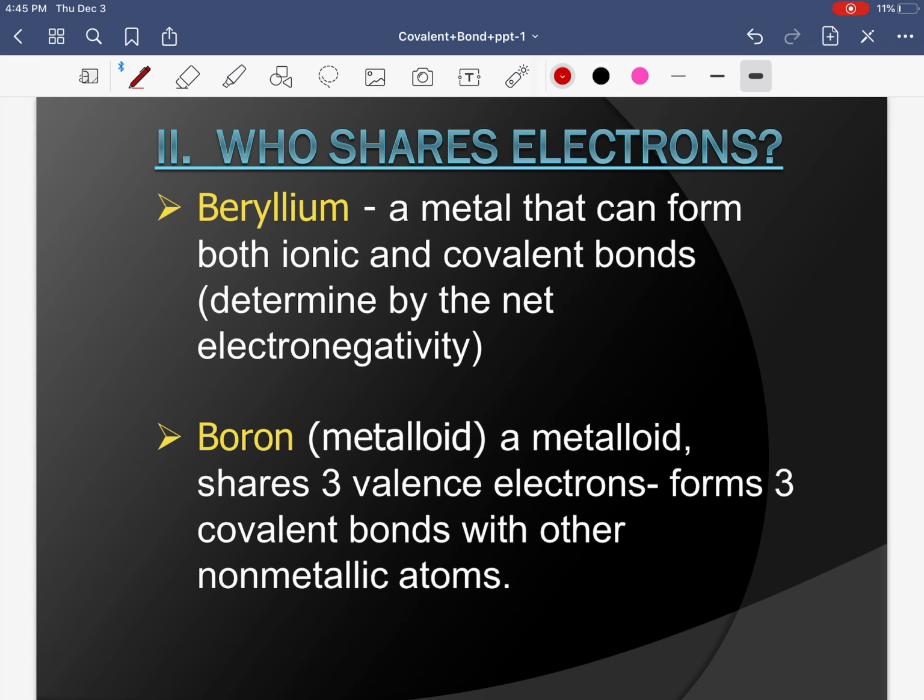Beryllium is going to determine what bond it forms based on the electronegativity, which is the attraction between atoms, so between electrons. Boron is going to form 3 covalent bonds with its 3 valence electrons with other nonmetal atoms.